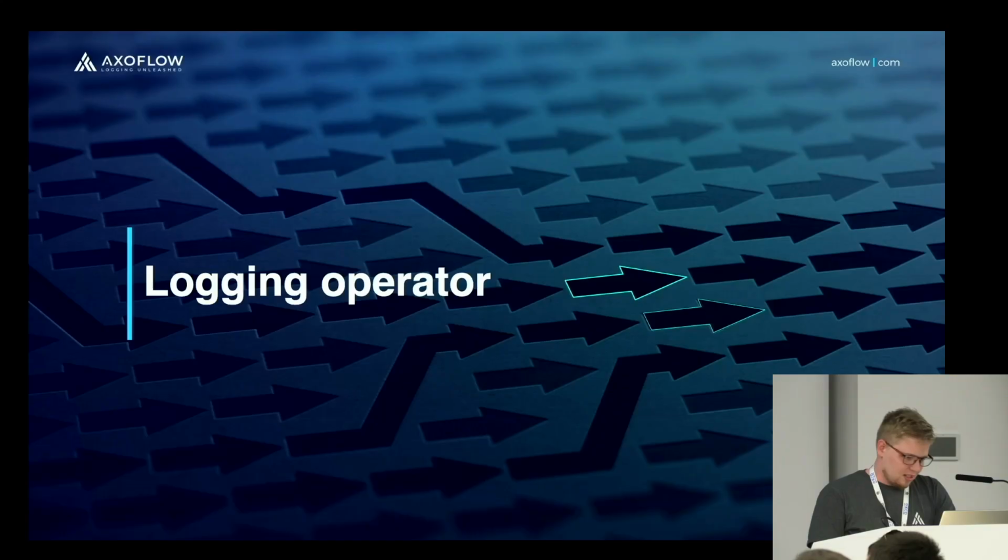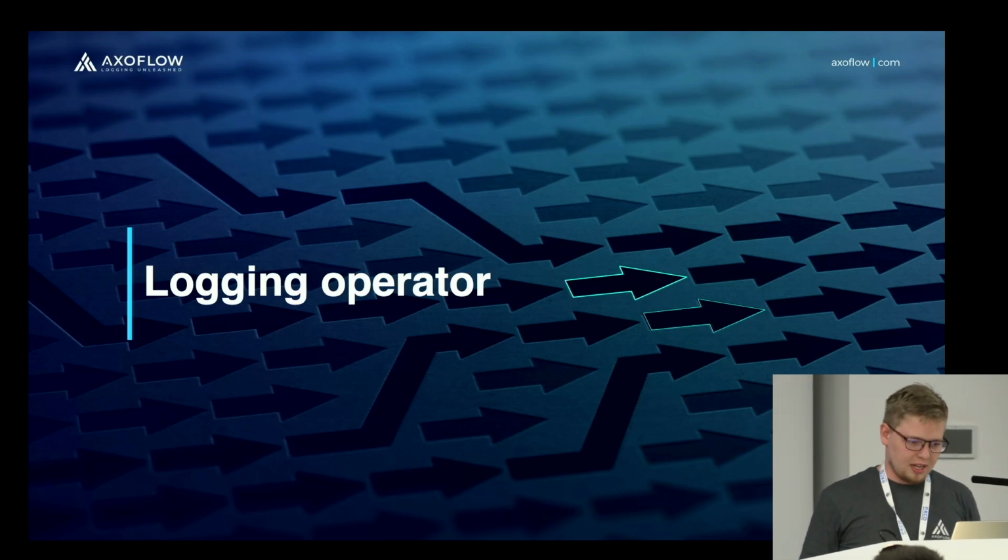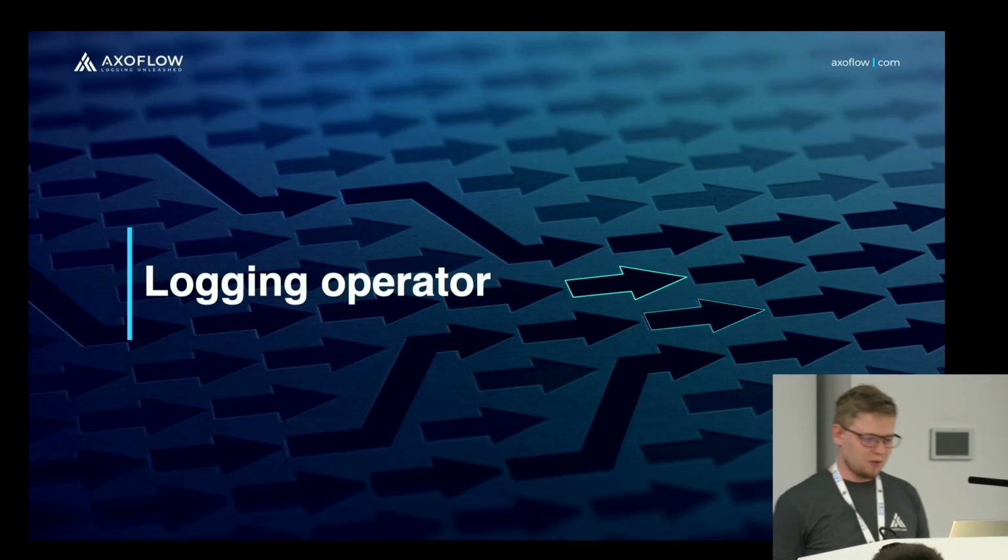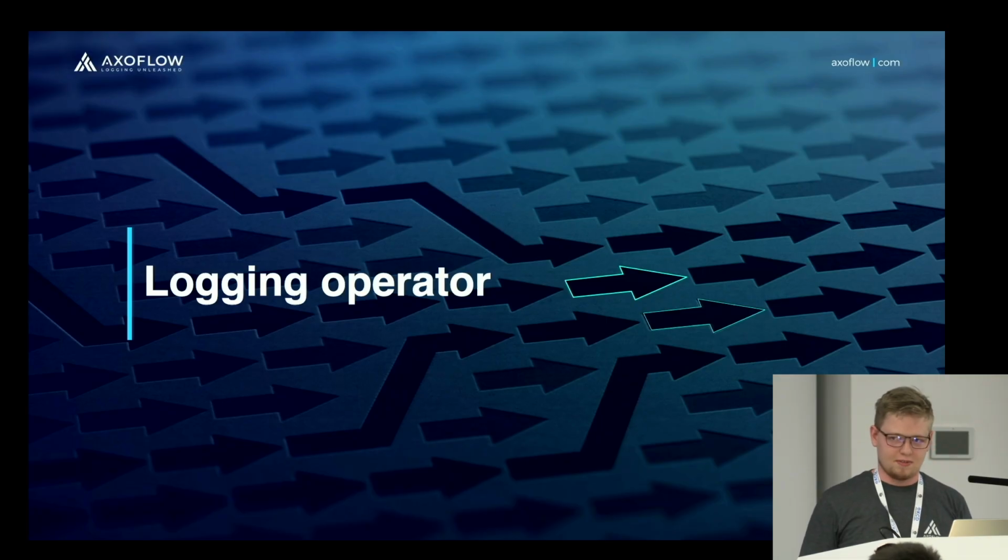But let's talk about the logging operator. When reading through the documentation about Kubernetes logging architecture, you will eventually stumble upon a line that says Kubernetes does not provide a native solution for cluster-level logging. And this is one of the main reasons why the original maintainers and creators made this project come alive.